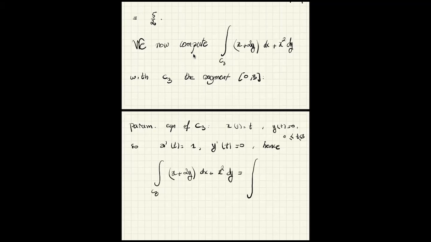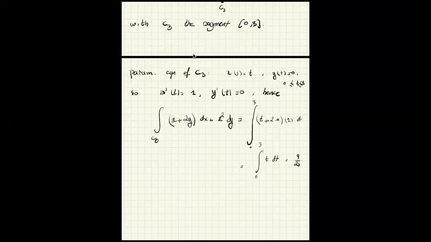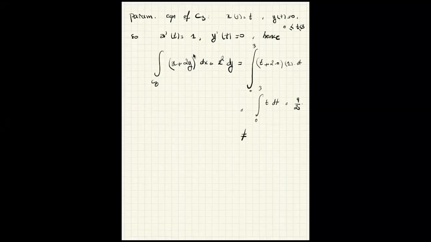So y is 0 and x is t, so it's t plus 2 times 0 and 1 dt from 0 to 3. Okay, which is not equal to 5 over 2.